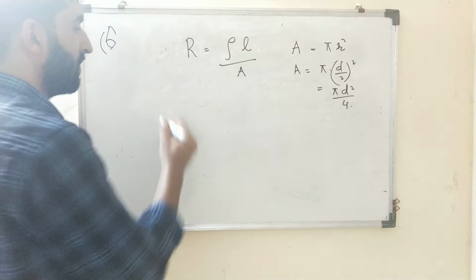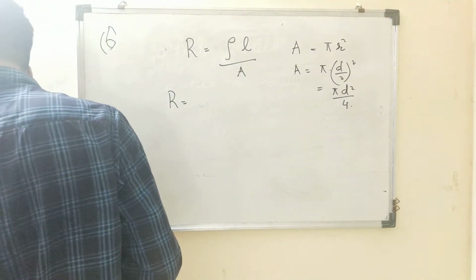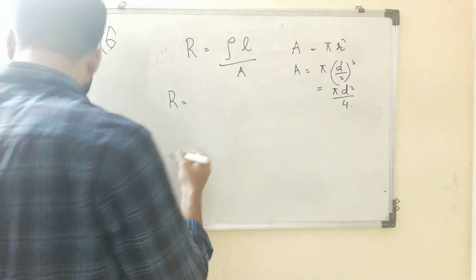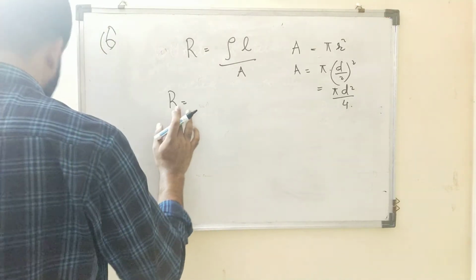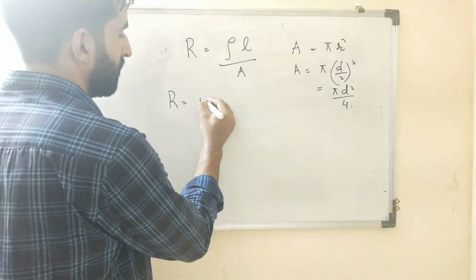So resistance will be equal to, resistance is 10 ohms. So R is given as 10 ohms.